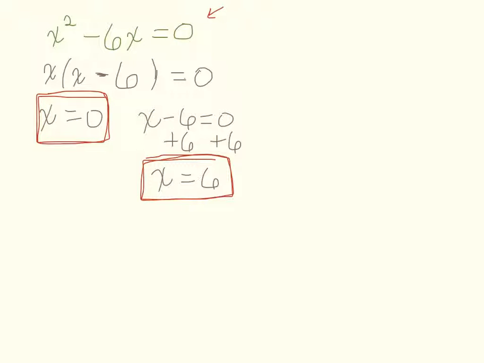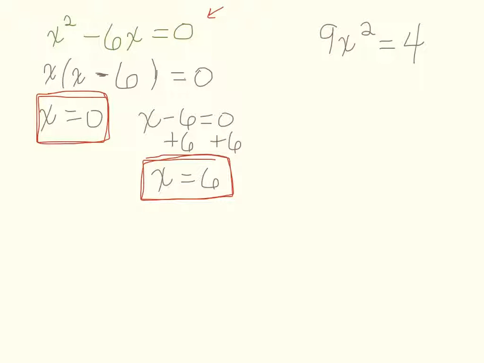All right, let's look at another one. What if we wanted to look at 9x squared equals 4? All right. The first thing I have to do is I have to ensure that the equation is equal to 0, or that one side of the equation is 0.